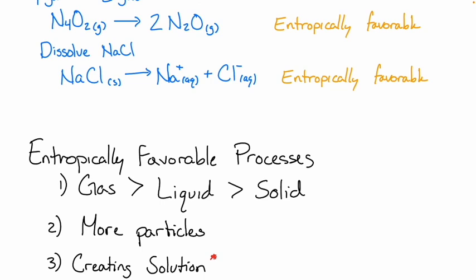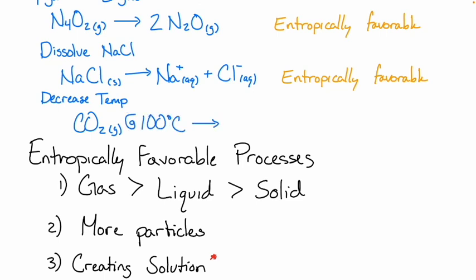All right, so what if we just decrease the temperature? Like we have carbon dioxide gas at 100 degrees Celsius, and we just let it cool down. We still have carbon dioxide gas, but now it's at 10 degrees Celsius.